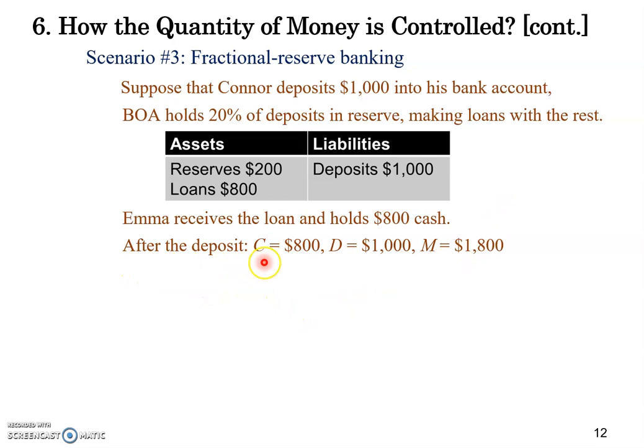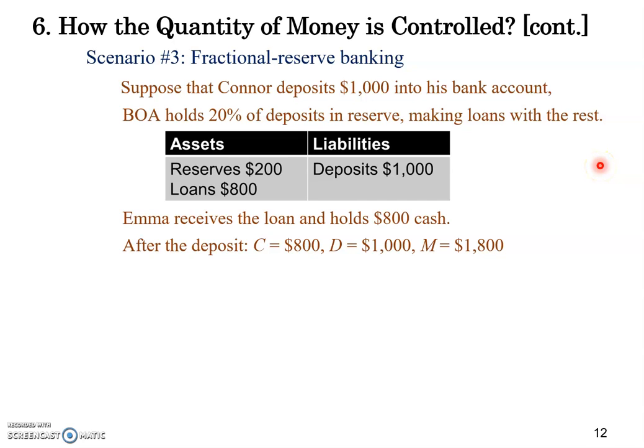After the deposit, the cash or currency held by the public would be the amount held by Emma, which is $800, right? Deposit, it's going to be $1,000. That's how much the bank owes Connor. Now the money supply, remember, is the sum of currency and demand deposit, so it's going to be $1,800.